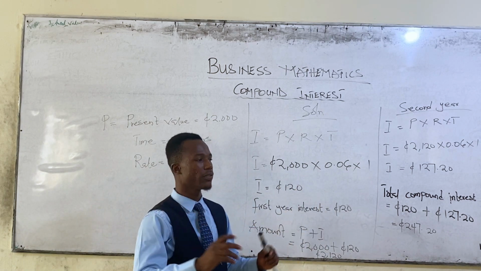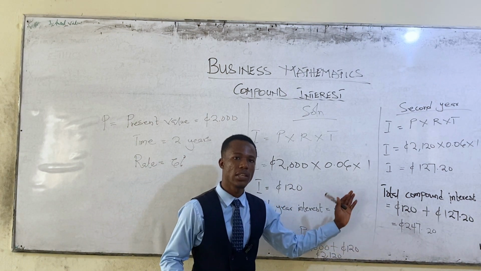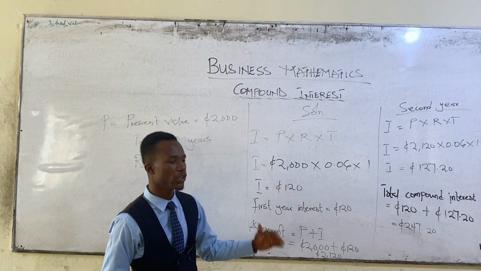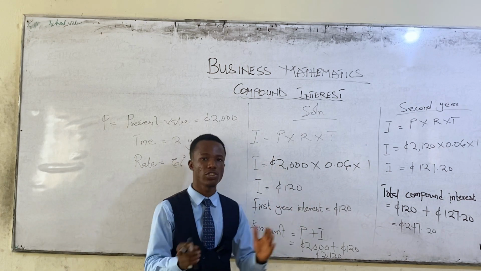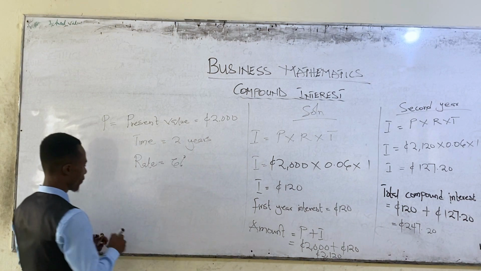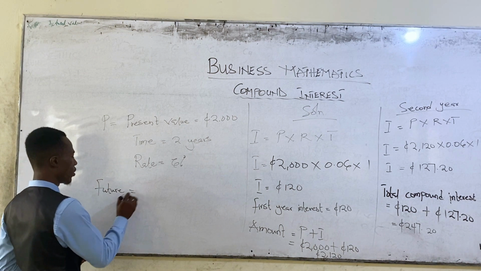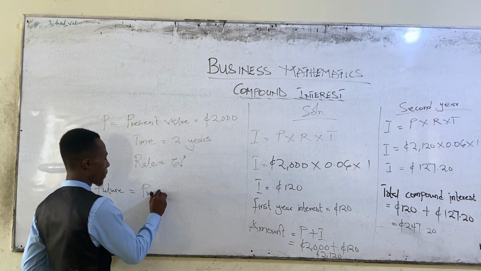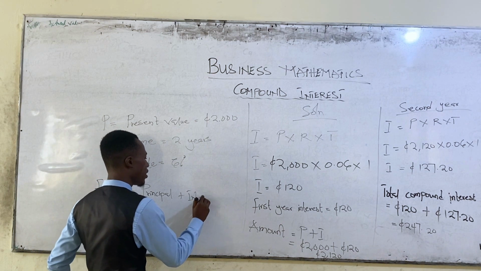Because you know maturity value is principal plus interest. But here we didn't calculate interest once, but we calculated interest for 2 years. So future value will be equal to your principal plus interest over the years.